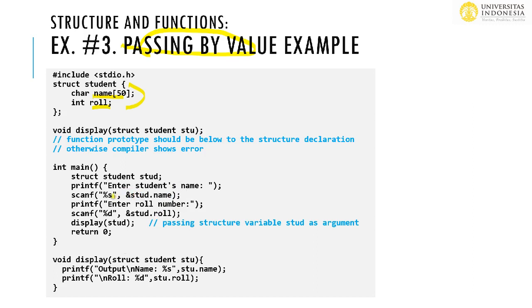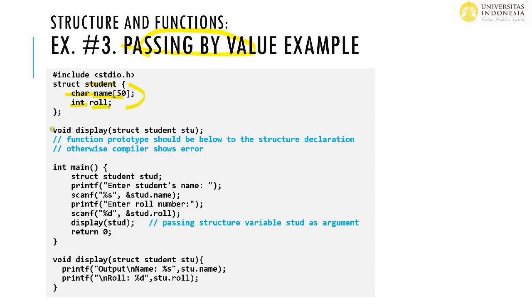So in this case, you have student as the structure name, which contains two variables. They are name, with 50 characters of data, followed by roll. This means the student enrollment number in integer format.